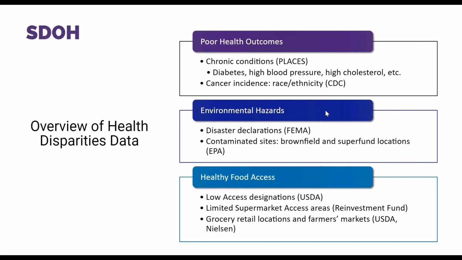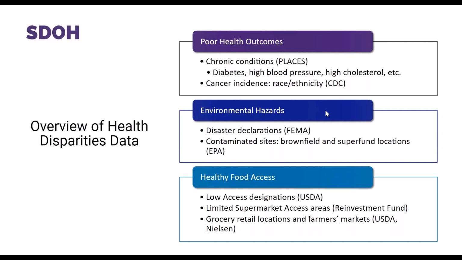There's a lot of data here also related to environmental hazards, and as Phil spoke to earlier, our students and teachers and faculty members can go in and layer that data. So they can look at areas where people are living in poverty and their proximity to contaminated sites, so brownfield, Superfund locations, where there might be areas that recently had a hurricane or a flood, lots and lots of climate change events happening, and being able to look at that on a map and take a look at the social and economic factors is really useful.